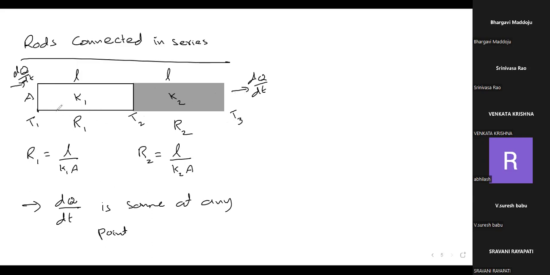In the first rod, the rate of heat flow is the temperature difference by thermal resistance: T1 minus T2 divided by R1. In the second rod, the temperature difference is T2 minus T3, divided by R2.